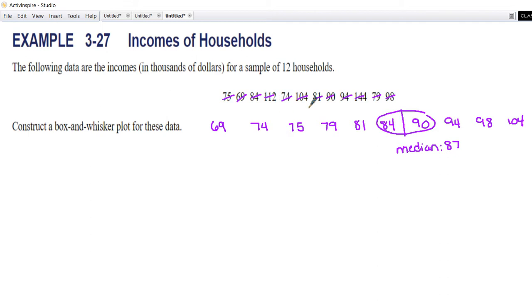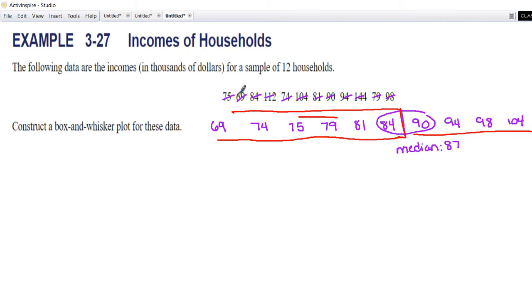Okay, now what we want to do is split this into 2 halves of data. On the left, I'm going to have the first 6 observations, and on the right, my second 6 observations. I need to find the median of both of these halves. So to my left, 1, 2, 3, 4, 5, 6, which means I need to go between my third values, 75 and 79.